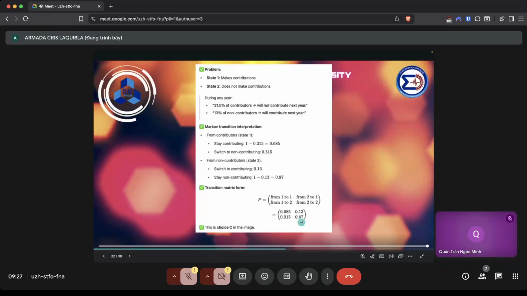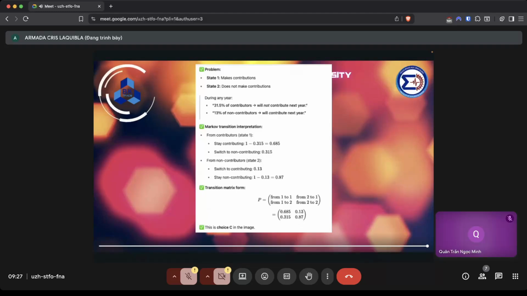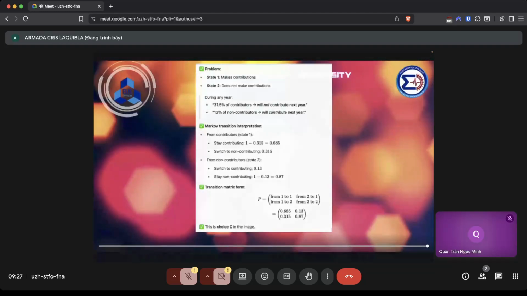So 87% or 0.87 will not contribute next year. So as you can see, those in the top part will contribute, and those in the lower part, or the second row, will not contribute.